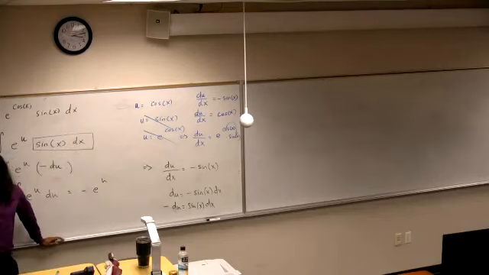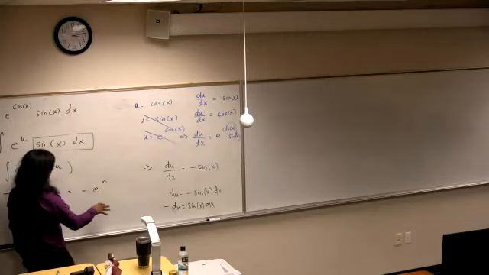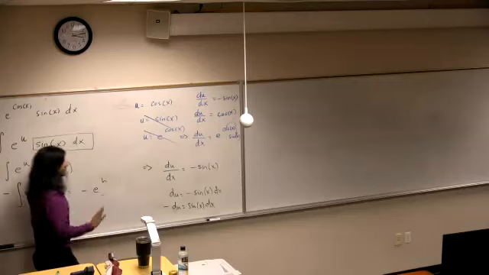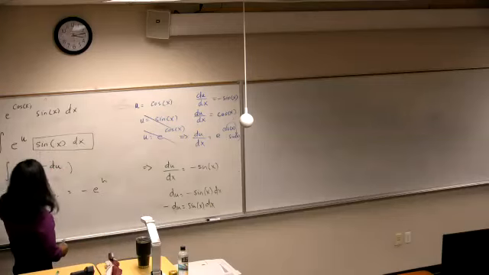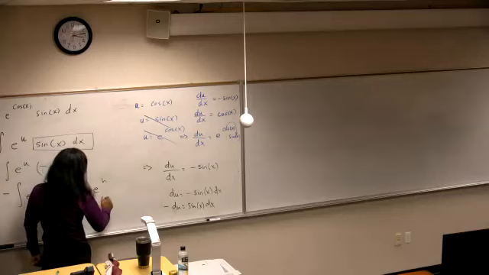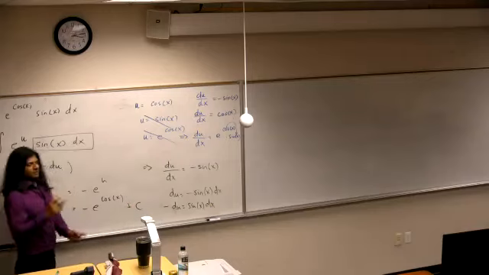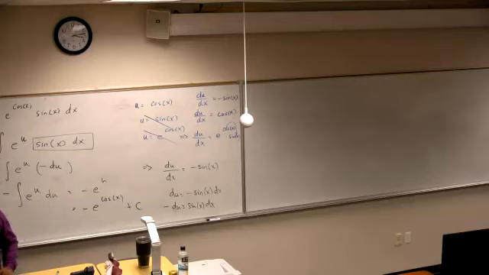I'll wait until the very last step and then put that plus C. The best way to do it is, once everything is done, you add plus C at the very last step. So, going to replace u by cosine. Am I done yet? No. Good.